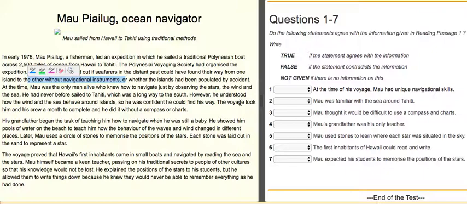Then you have the basis to conclude that this one is wrong. This one is really easy to confuse with the last type of question. Here we have not given. Not given means this sentence can be partly correct, but not correct 100%.